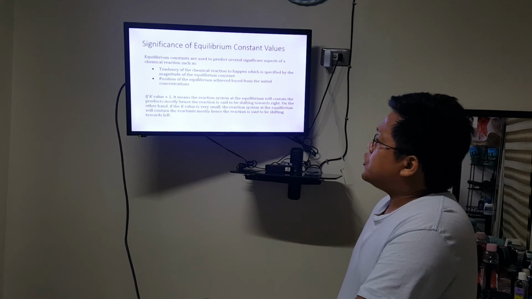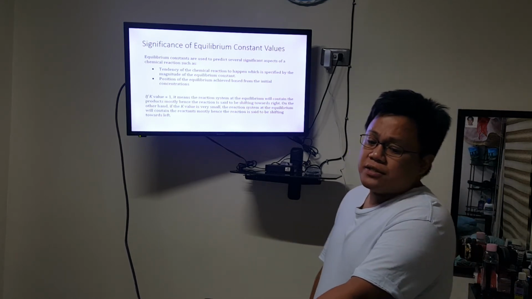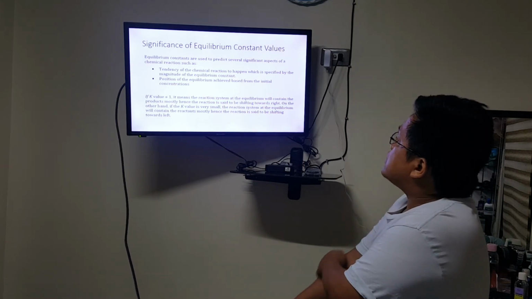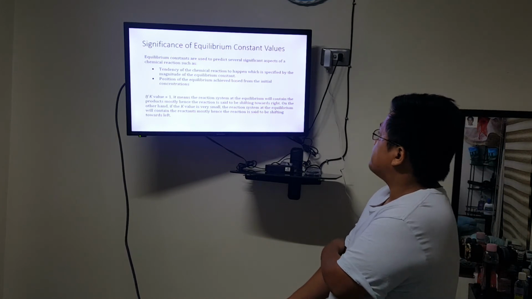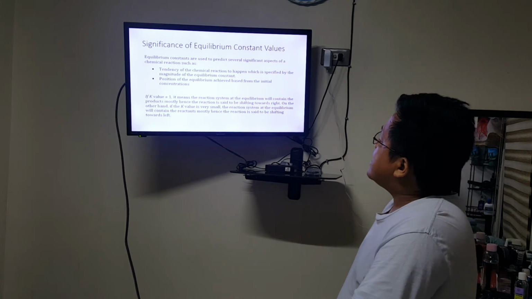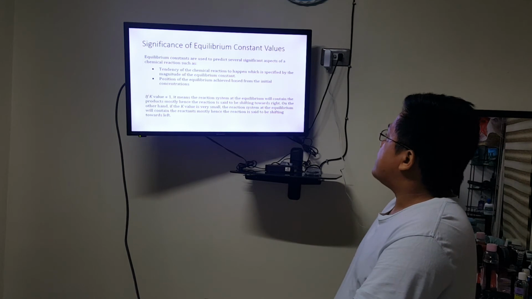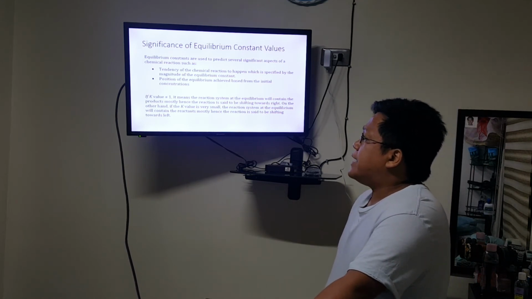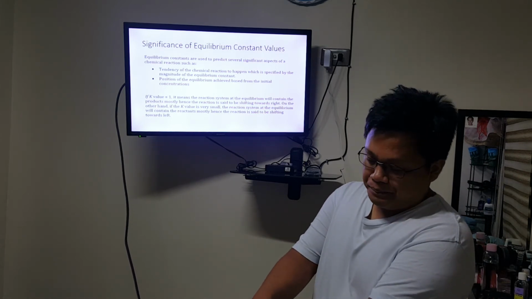If the K value is large, it means the reaction system at equilibrium will contain mostly products, hence the reaction is said to be shifting towards the right. On the other hand, if the K value is very small, the reaction system at equilibrium will contain mostly reactants, hence the reaction is said to be shifting towards the left.